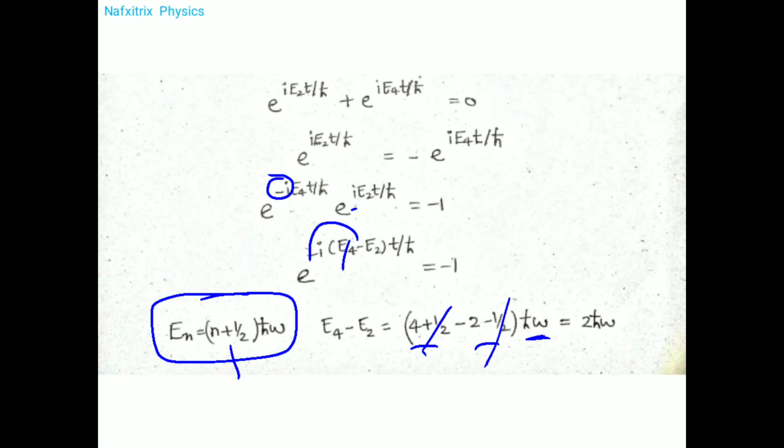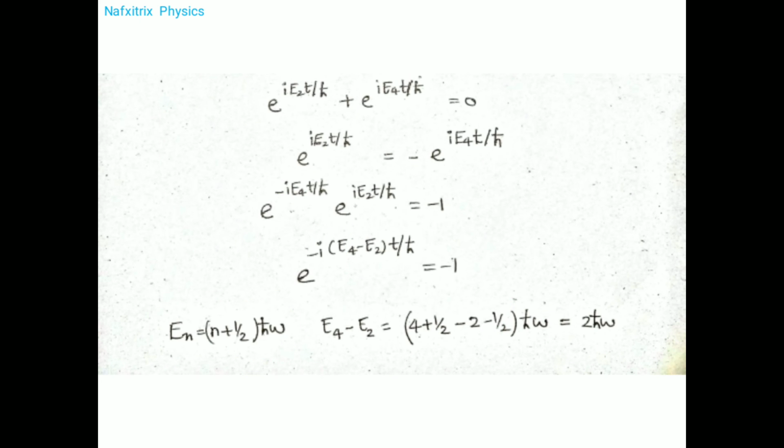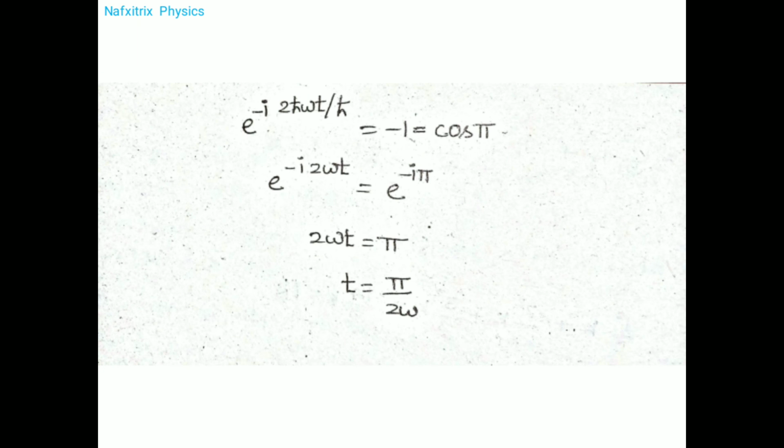In place of E4 minus E2, we just write 2ħω t by ħ, and here it is minus 1, and we know that cos π is minus 1. Cos of minus π is also minus 1, because cos of minus θ is cos θ, and in the second quadrant cos is negative, so cos π is minus 1.